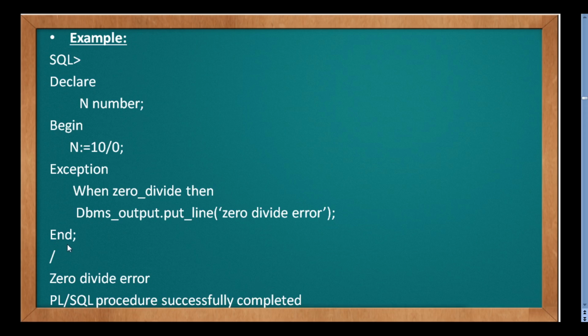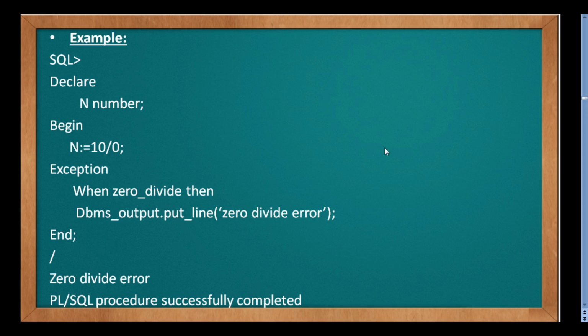When you handle exceptions and a runtime error occurs, the control automatically transfers to the exception block. And if there is a corresponding handling statement, it executes the exception handling statements.